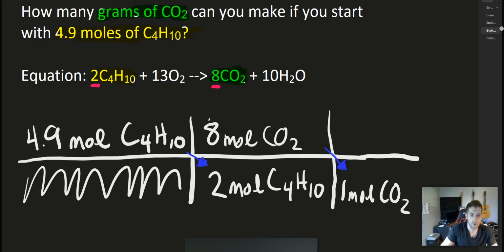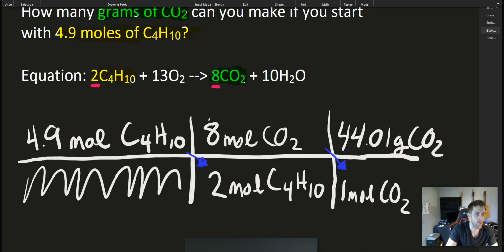44.01 grams of CO2. Notice we are successful because the question is asking for grams of CO2 and we're ending in grams of CO2. Also notice, and I won't go over this in all the problems, but I will highlight here.